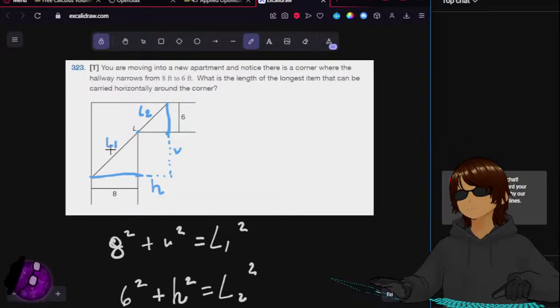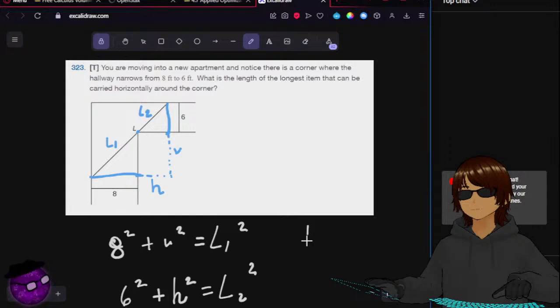I'm not really sure about this, but shouldn't L1 and L2 have the same ratio? It's 8 and 6.